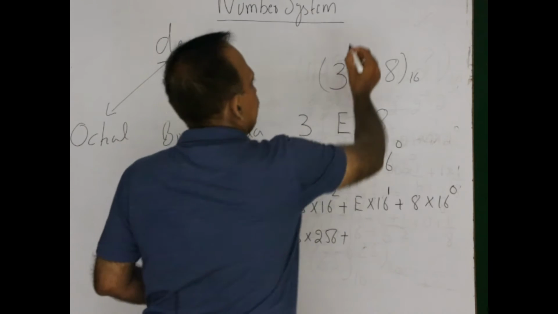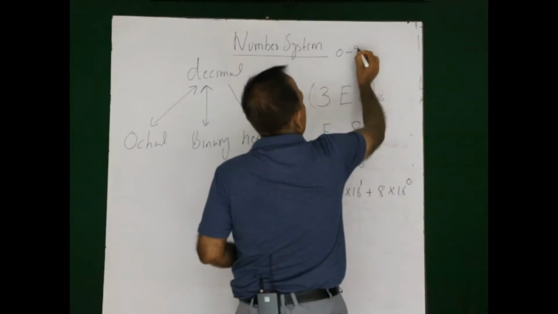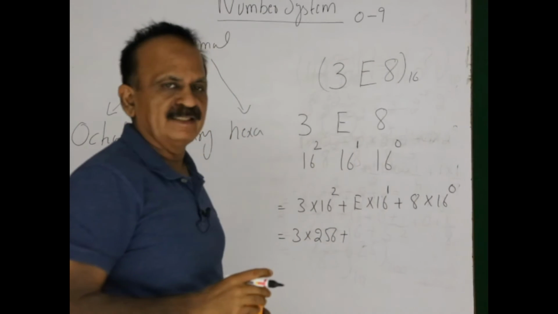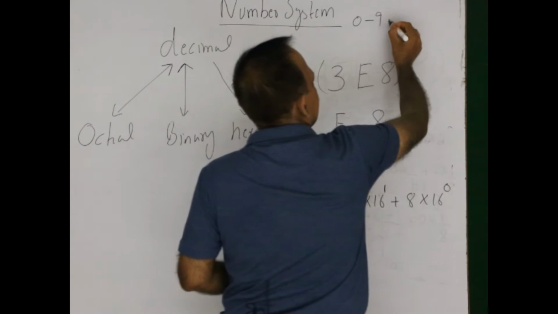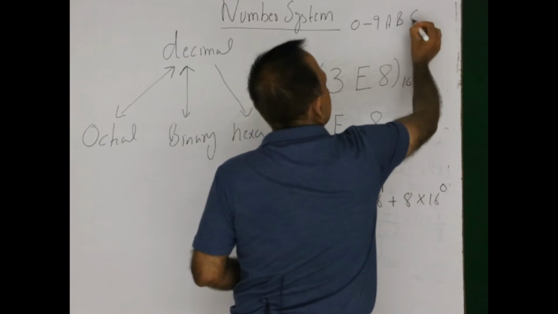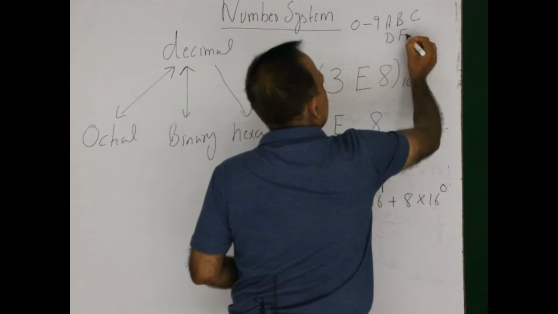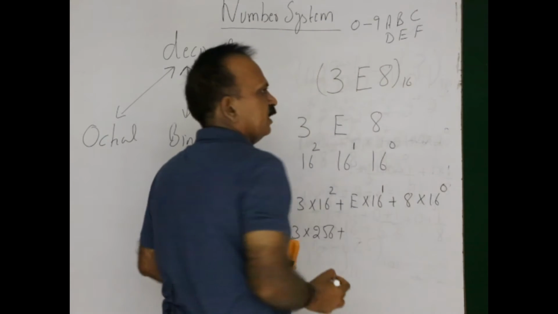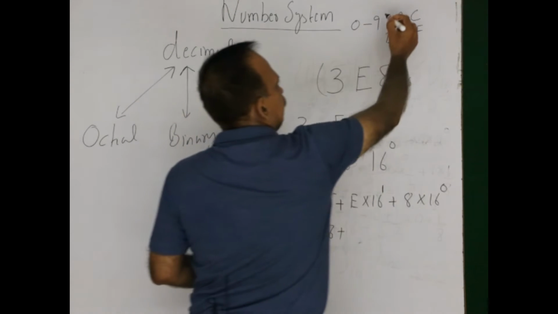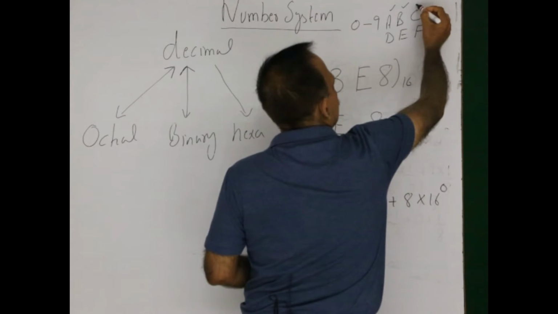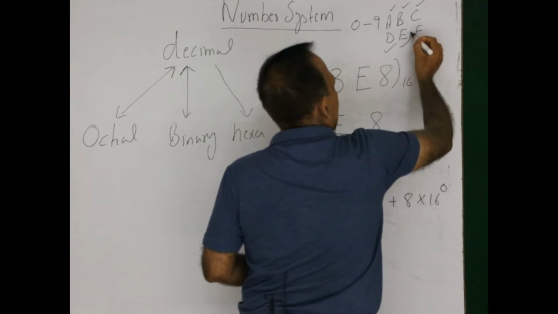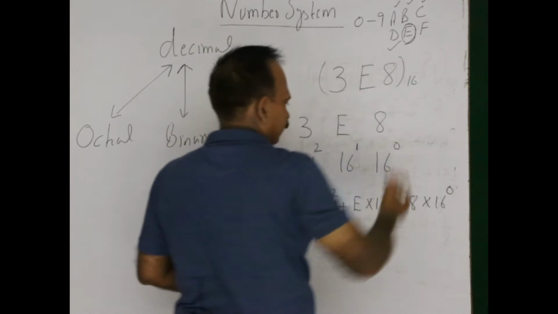How did I get it? The hexadecimal digits are like this: 0 to 9, then A, B, C, D, E and F. A is equivalent to 10, B is equivalent to 11, 12, 13, and for E it is 14.